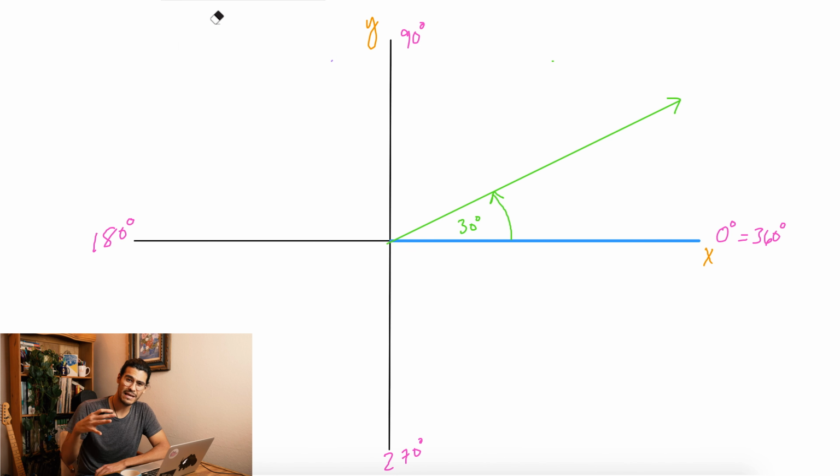Let's talk about how we just make any random angle into a right triangle. Because I've drawn you this angle here at 30 degrees, but it doesn't really mean anything yet.